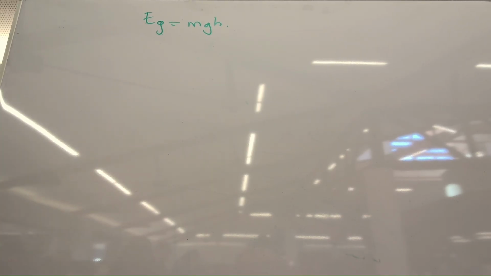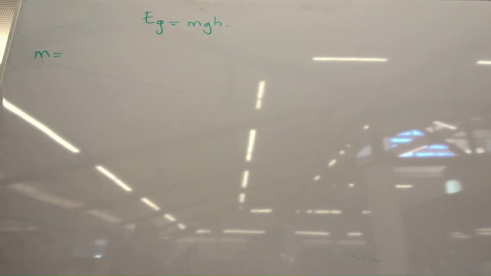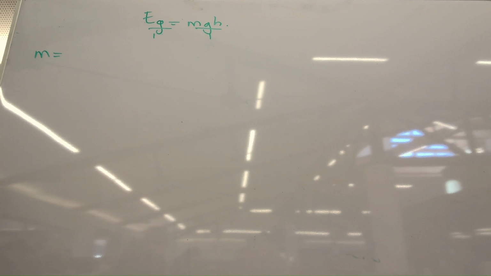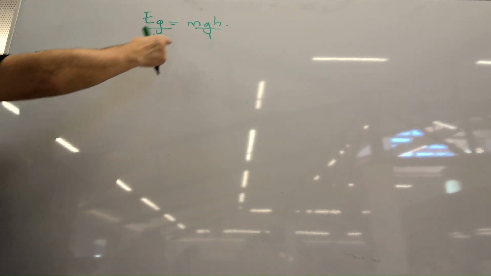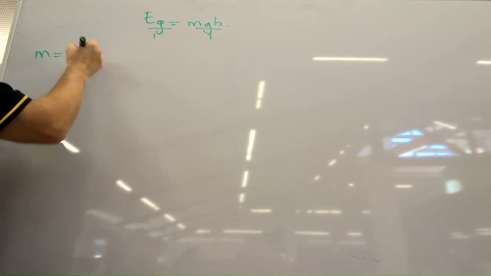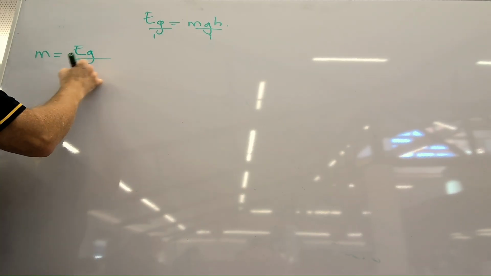If we wanted to calculate M, so we want to have M by itself. Remember, these ones here are on 1, so they're actually up the top, not down the bottom. So we want to get rid of G and H because they're at the top here. They come down the bottom here. So it becomes EG divided by GH.